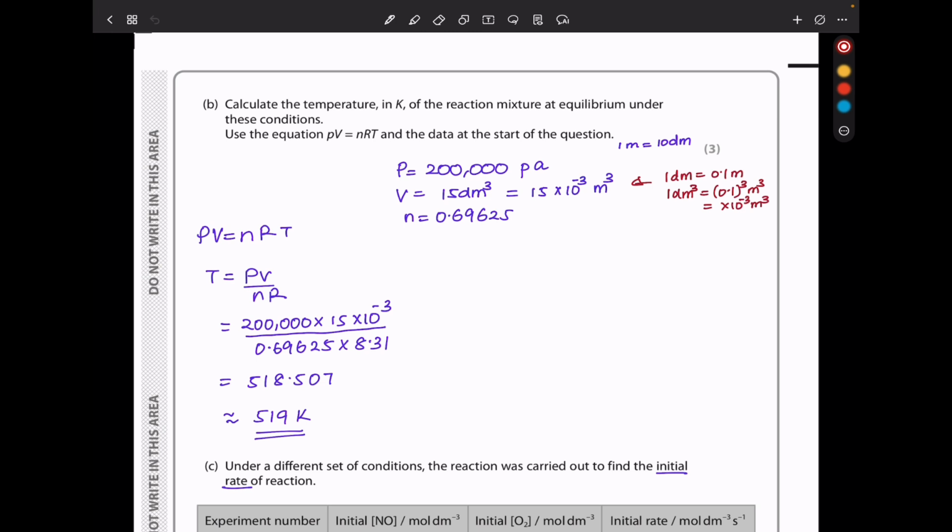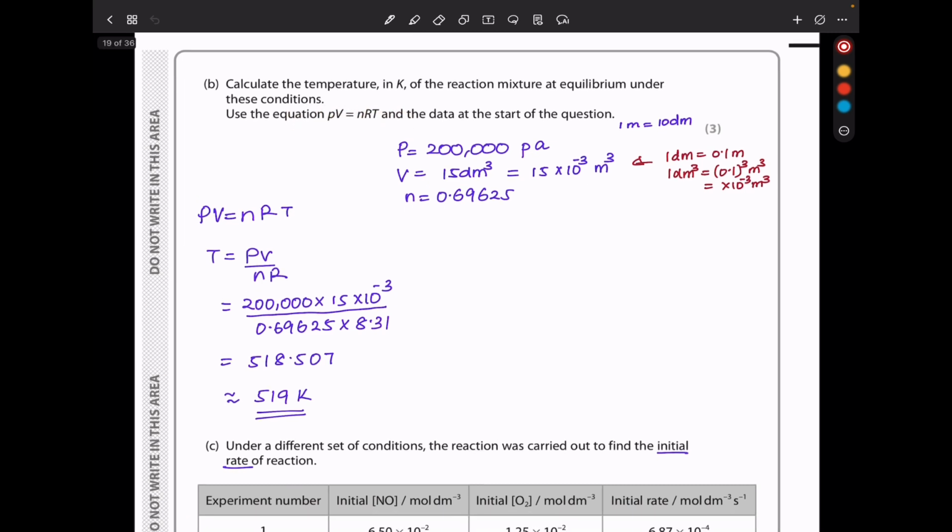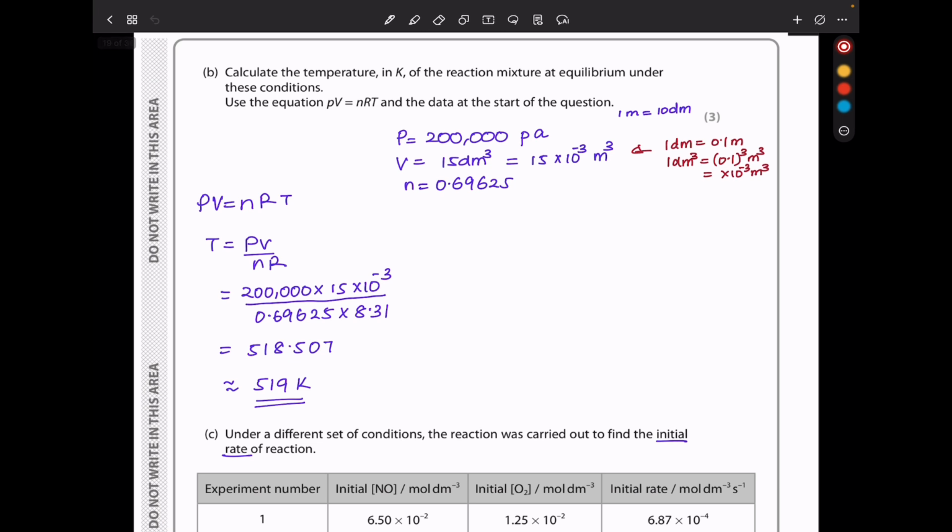In part B, they say calculate the temperature in Kelvin of the reaction mixture at equilibrium under these conditions. Use the equation PV is equal to nRT and the data at the start of the question. So from the question, pressure is 200,000 pascals, volume is 15 decimeters cubed. But when we are using this equation, volume should be in meters cubed. So I multiplied by 10 power negative 3 to convert it to meters cubed.